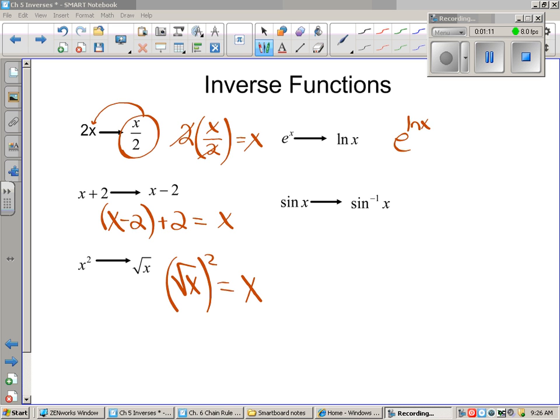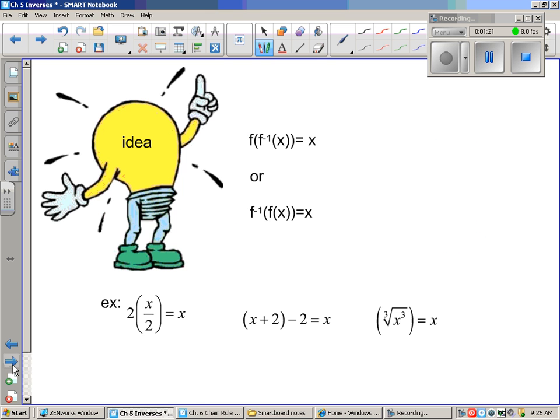What do you get every single time? Every time you get x. And that is, truthfully, the rule. If I take the inverse function and plug it in for x, you should get x.